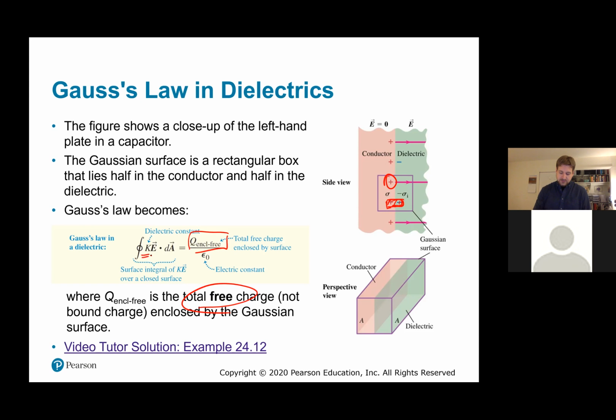It's related to the dielectric character. Total free charge divided by epsilon.